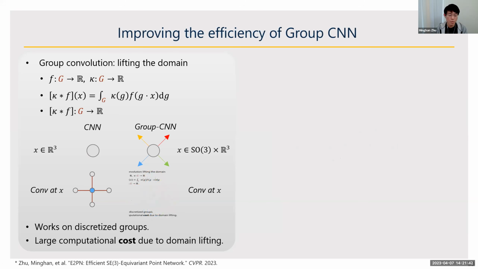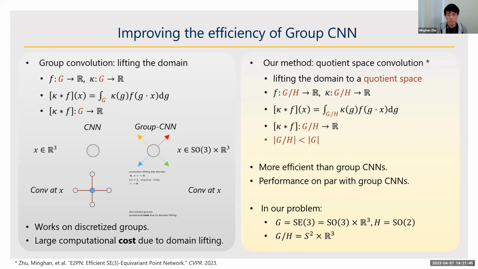Therefore, one of our works in our lab is to improve the efficiency of group CNN. Our method is to develop the quotient space convolution. I will explain what the quotient space is in the next slide.